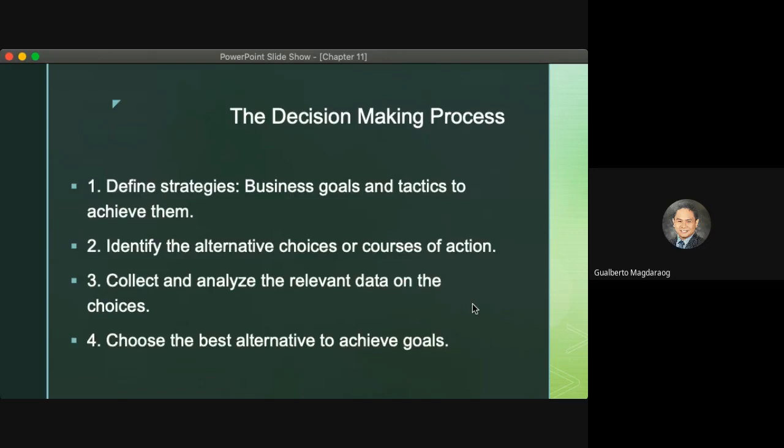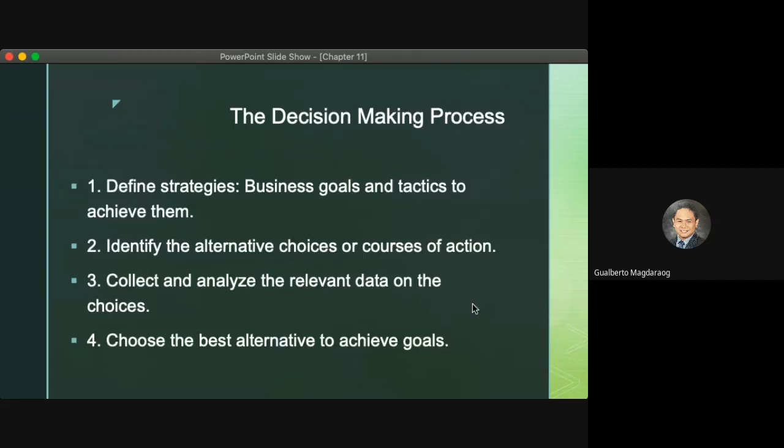So, if that is the case, importante na matutunan natin how to pick relevant information or relevant data for us to make a decision. And I have here 4 generic steps or process in decision making.